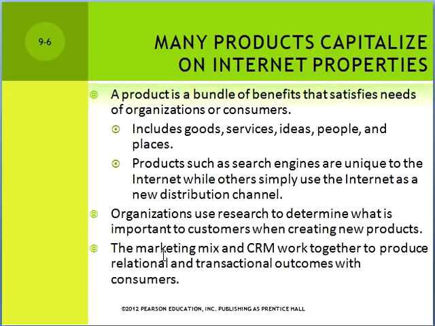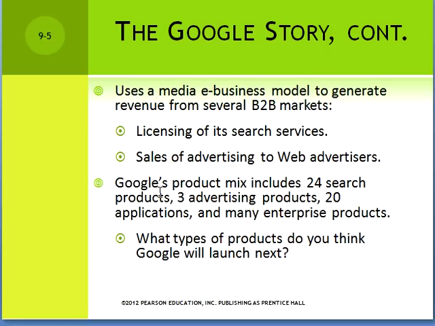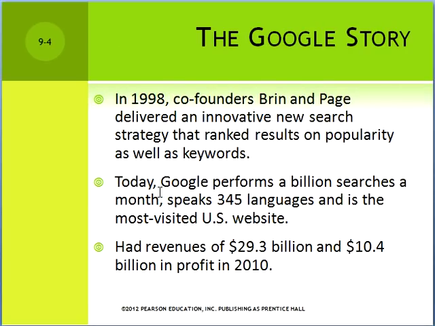So having said that, to give you this overview of the products, let's go back now to the Google story, which is part of the chapter. At the beginning of the chapter, you have this short case, and it talks about a company called Google. All of us are familiar with that. They started in 1998. That was the time when the Net had already started in 1996, of course, and this was about 2-3 years after that.